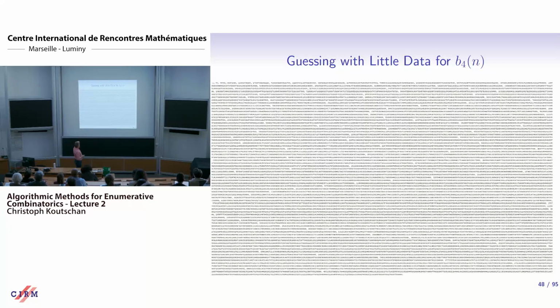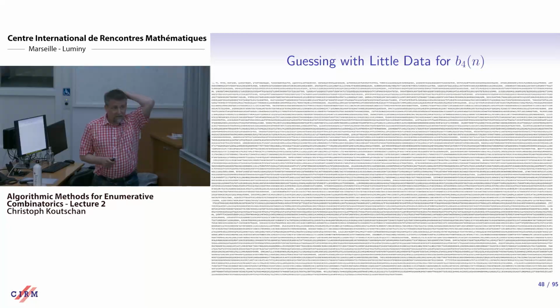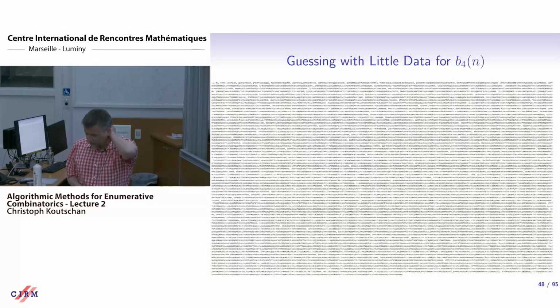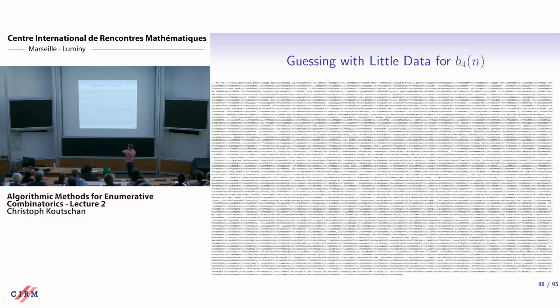And so this is now the data that we computed for these balanced matrices. So this is the data for balanced binary matrices of dimension 8. 8 times 2n matrices.